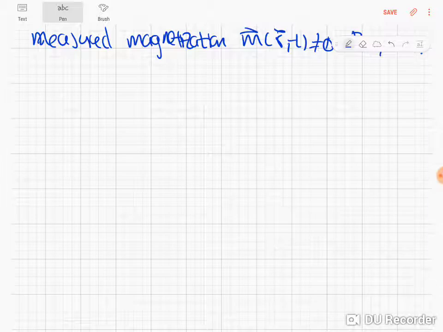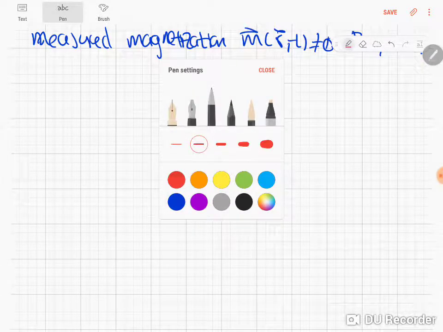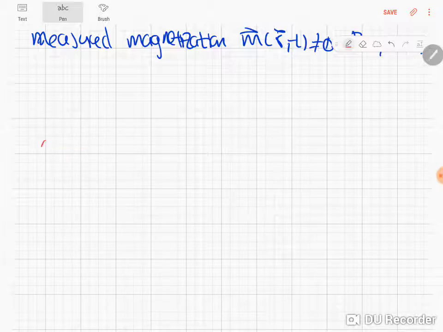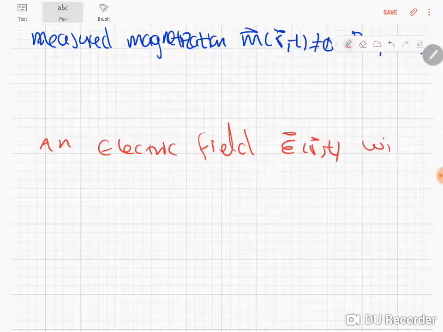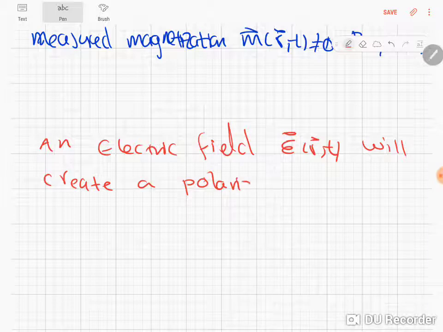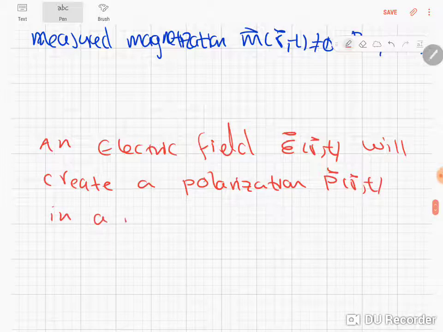So we know that an electric field E of R comma T will create a polarization P of R comma T in a material.